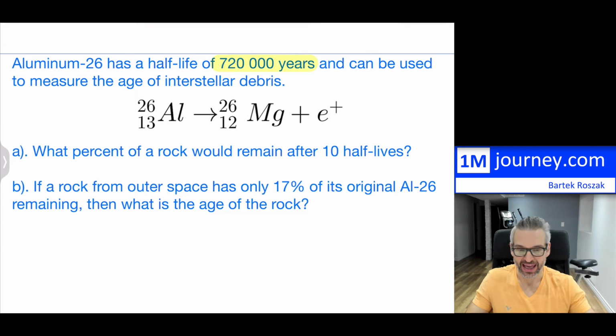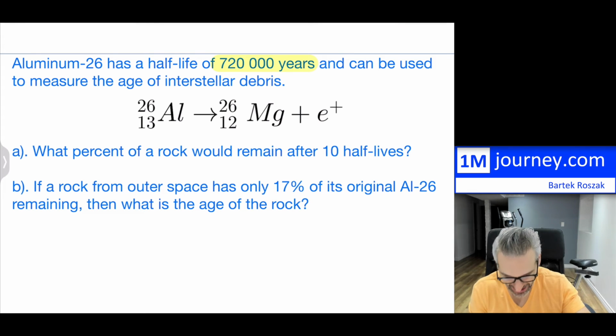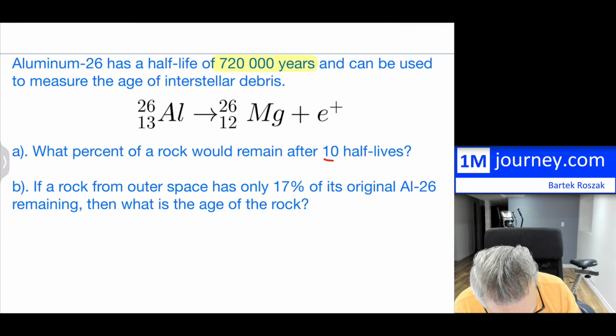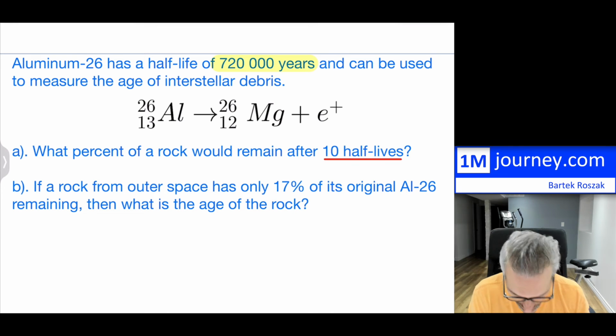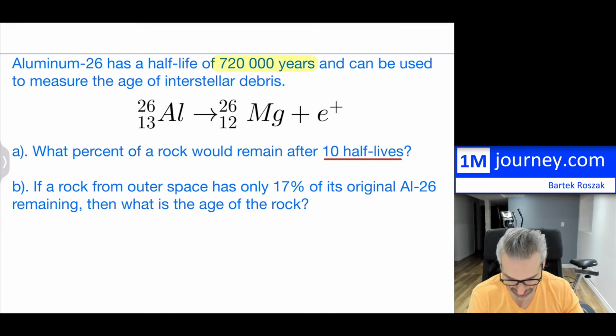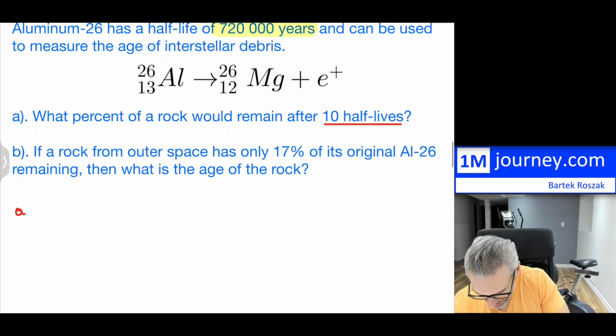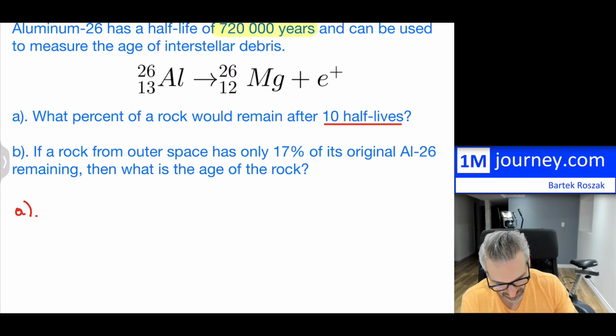Now, part A: what percent of a rock would remain after 10 half-lives? All right, 10 half-lives is quite a long period of time, but as you know, our galaxies are rather old. So if I want to take A, n is equal to 10, so that's my half-lives.